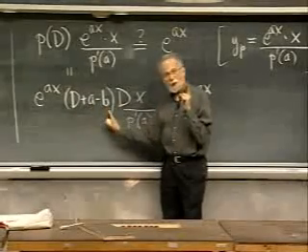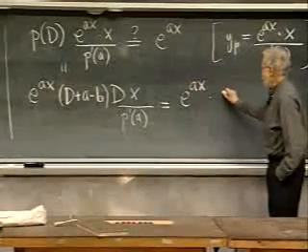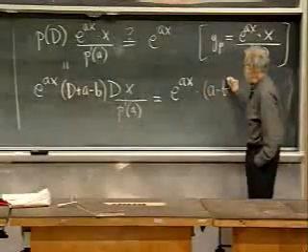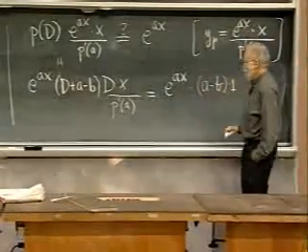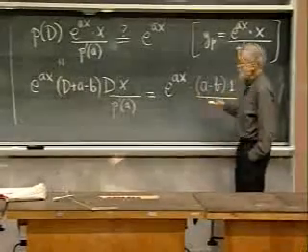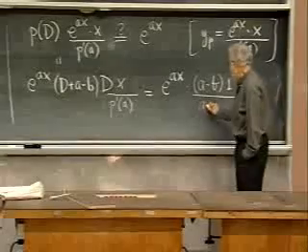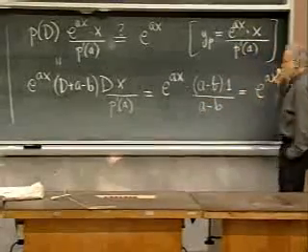The rest just multiplies it by A minus B. So the answer to the top is A minus B times 1. And the answer to the bottom is P prime of A, which I showed you by explicit calculation is A minus B. And so the answer is e to the ax. Comes out right.